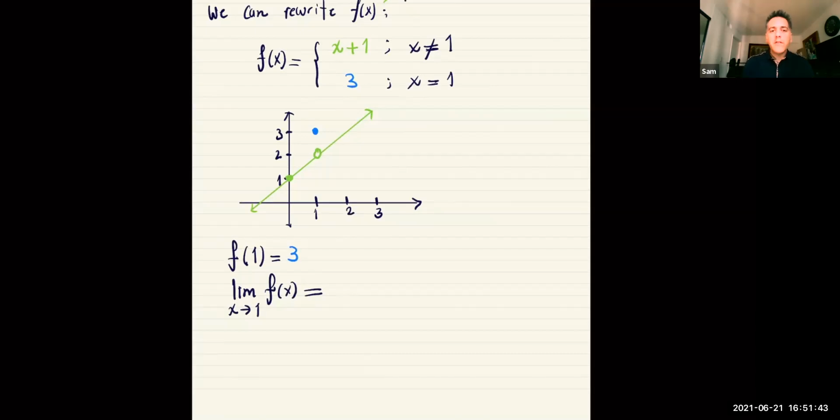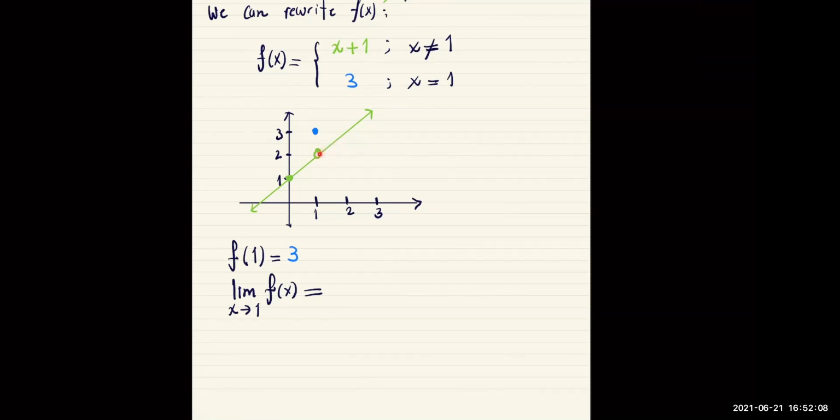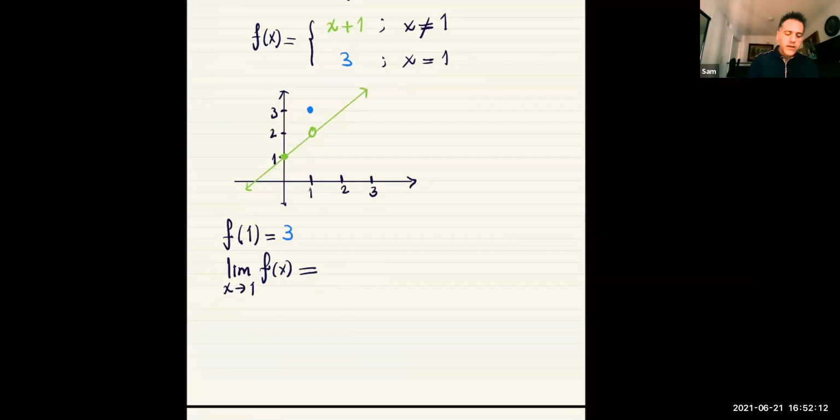Horizontally you're walking towards 1. As you walk towards 1, you are going, of course, upward. Your y values are getting close to 2. And again, from the left, if you're horizontally approaching 1, your y value is approaching 2. So here the limit is 2.